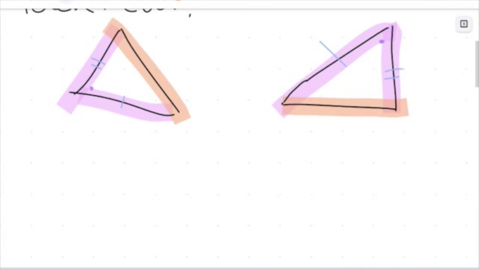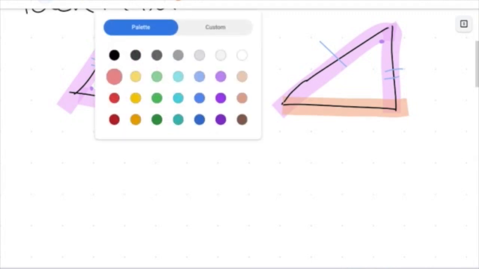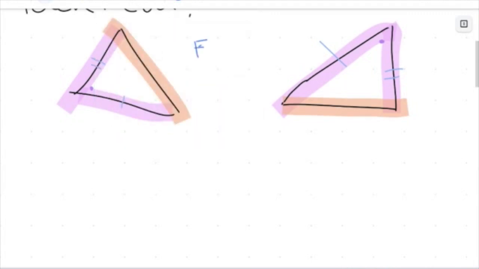So knowing about the angles of a triangle actually tells us a lot about the sides of a triangle as well. Having equal angles tells us that we have equal sides. Having two equal angles tells us that we have two equal sides, here and here.